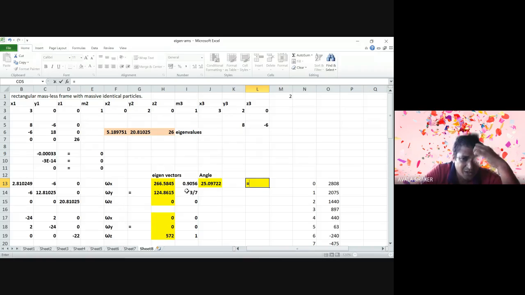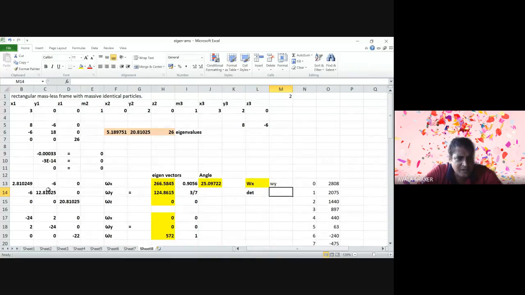So it will be omega x, I'll write w, divided by the determinant of these 4 elements. You leave this whole column and this whole row, so the determinant of these elements equals omega y.